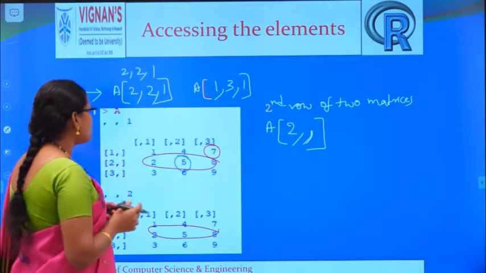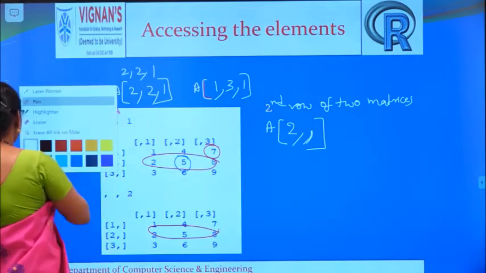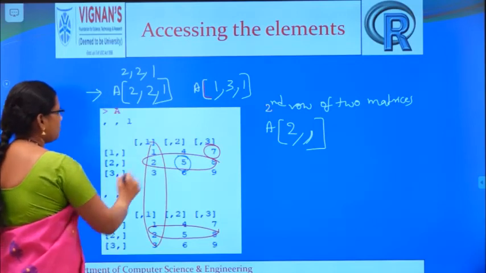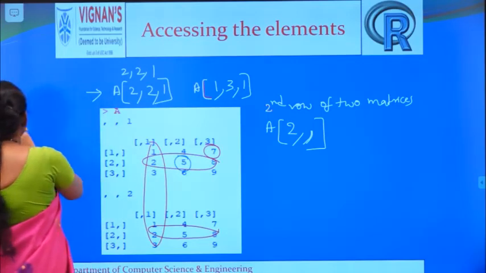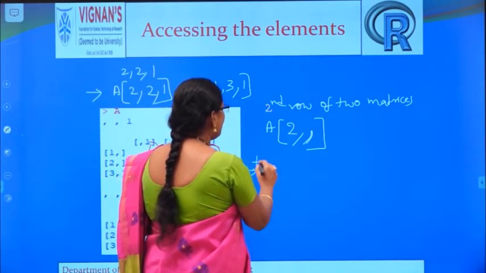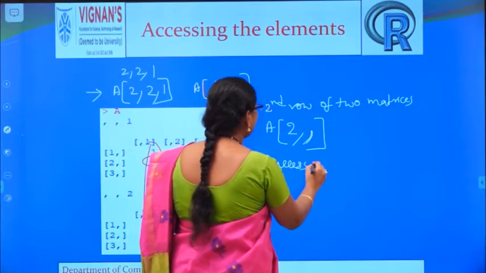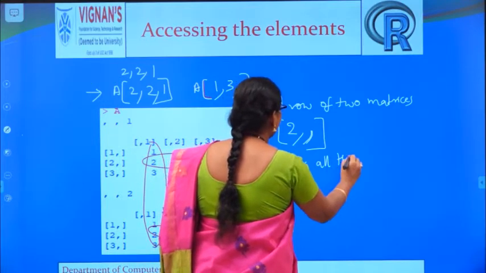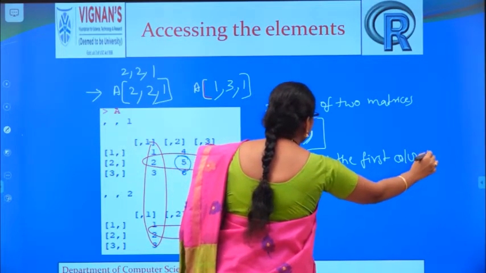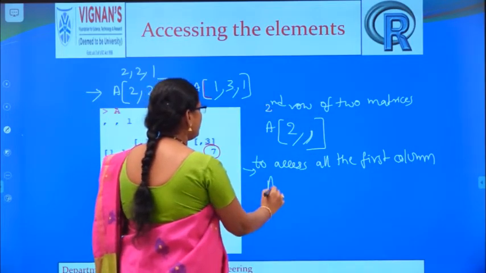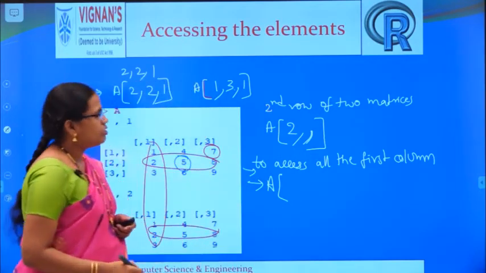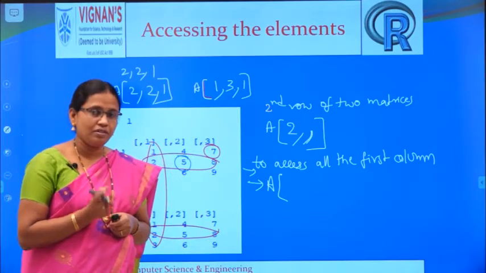Suppose to access all the elements of the first column of the two matrices, in this case what will you write? You have to write the statement like this. Your command will be A of, and you require all the elements of the first column.